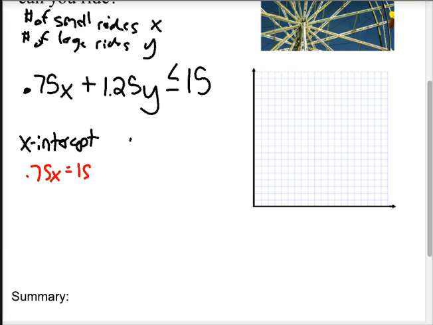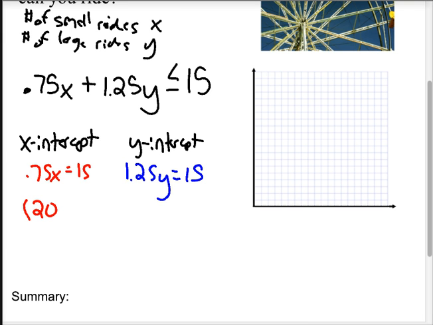So for the y-intercept, remember that's essentially taking out the x. So you would just have 1.25y is equal to 15. You'll just have the y piece left. So on the x side, divide by 0.75 and you end up getting x is 20.